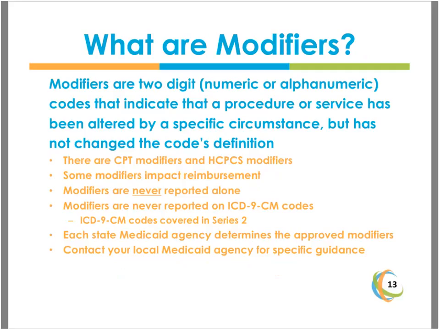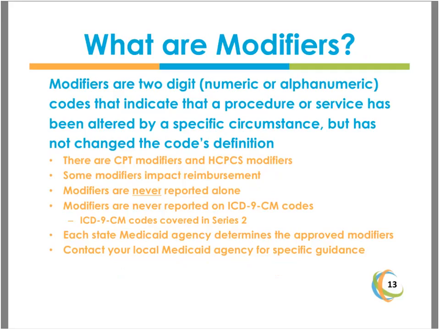It's also important to discuss modifiers in this segment, because anytime you're reporting procedures and services that are performed together during an encounter or during a visit, it may be necessary to utilize a modifier.